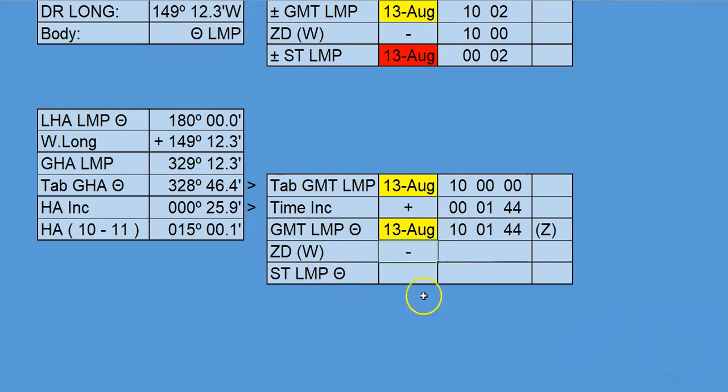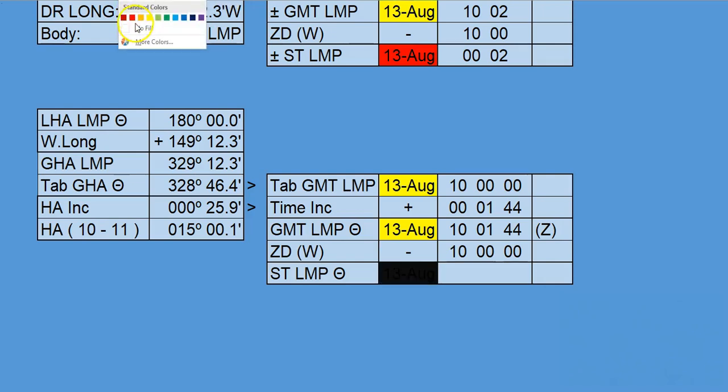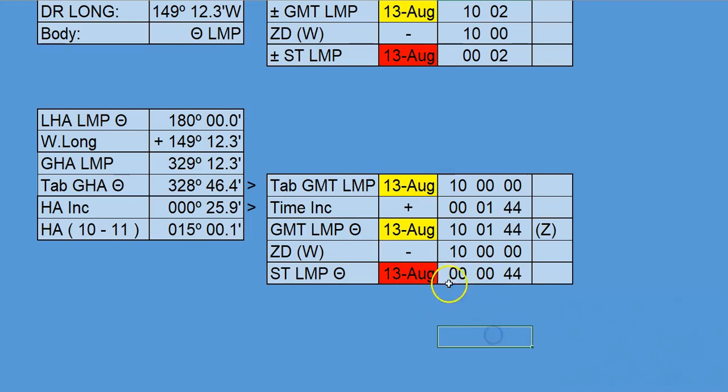We're going to apply the time zone again, and in this case we're going from Greenwich back into the Western Hemisphere, back towards the vessel. So we will be subtracting 10 hours flat, and that gives us the time and date at the ship, which we know must again be the same as the date in the question, which it is.